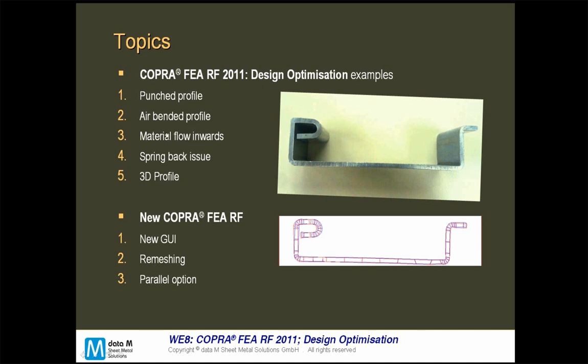It's a punch profile, air bended profile, a profile with difficulties for the flow inward movement and the consequences of this, a profile with spring back issues, and one of our 3D profiles in our research and development area.